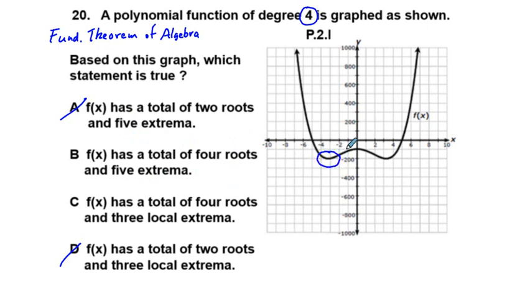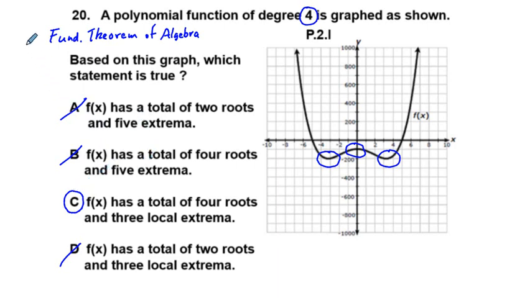We see 1 extrema here, another here, and finally another one here. So we have 3 extrema. By the way, the number of extrema can only be at most 1 less than the degree of the function. So having 5 extrema would be an impossibility. And so our answer choice is going to be C for this one.